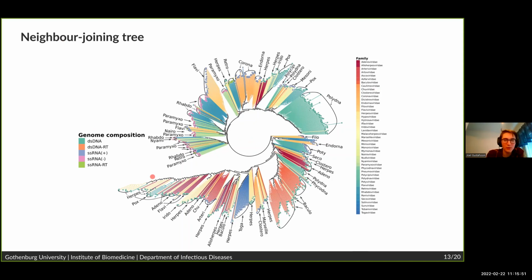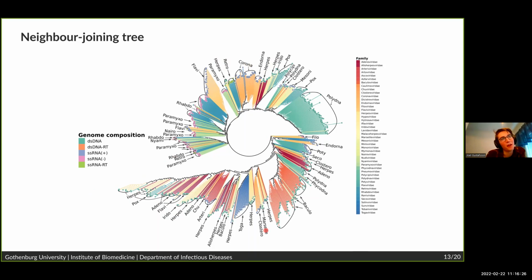For instance, we saw previously that herpes viruses have a strong k-mer preference, but we also see that a lot of different herpes viruses are placed, not randomly, but throughout this tree, which indicates that perhaps there's a huge variety within the herpes virus genomes, and there might be preference for different things in different areas of that group.